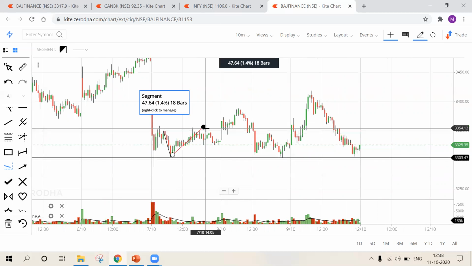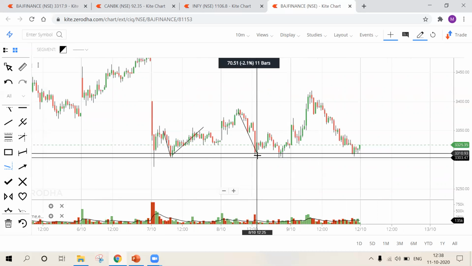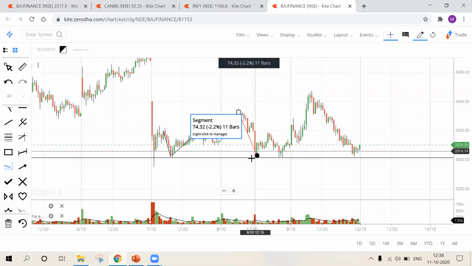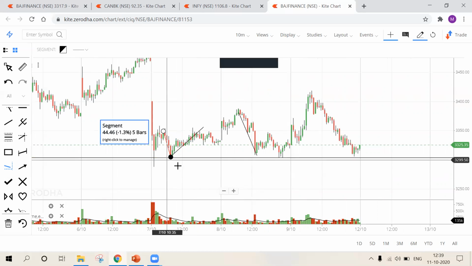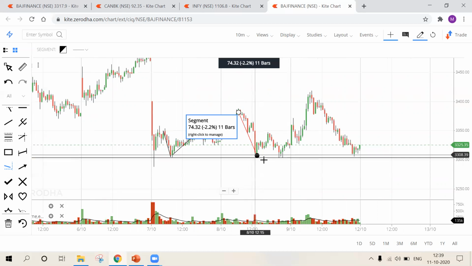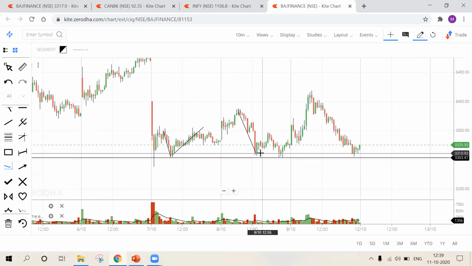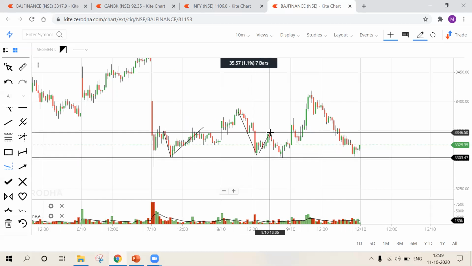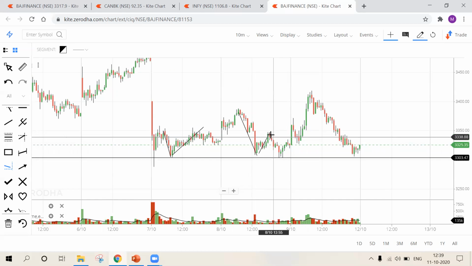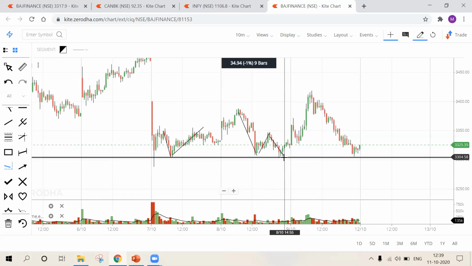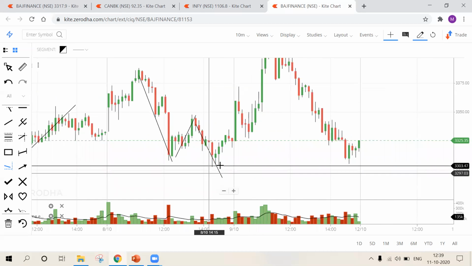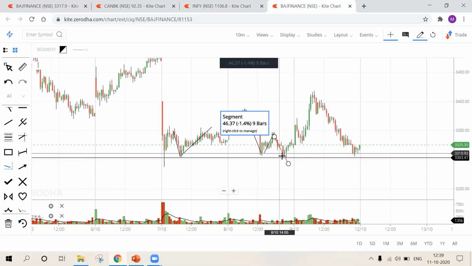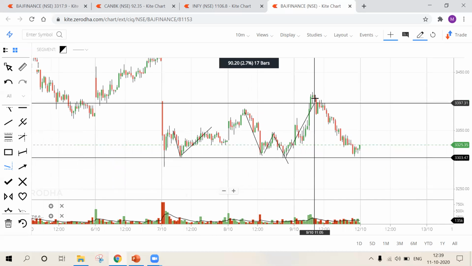Again, when the sellers push the price down, at the same level where the price got rejected, the buyers come again and push the price upward. And for the third time, when sellers push the price downward at the same level, the buyers come and push the price up.